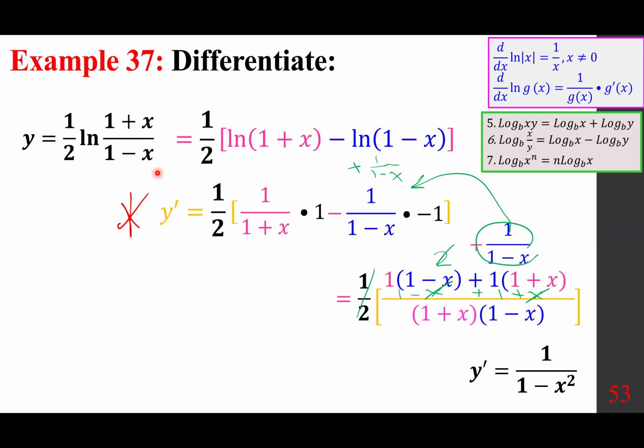So flip it over and then take the derivative of this using the quotient rule. You don't want to go that route. So you decompose this using number 6, the quotient rule, so it becomes ready for differentiation. 1/2 remains. This one becomes 1 over 1 plus x times 1. This one becomes minus 1 over 1 minus x times negative 1. And after that, it's all algebra to put it together accordingly.